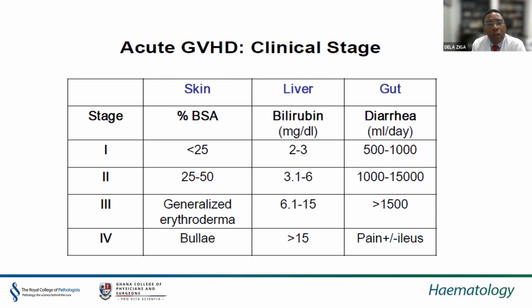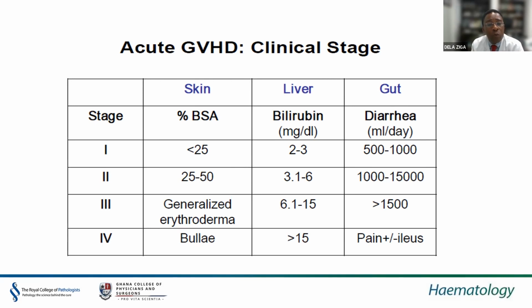So this is a table showing the way to evaluate clinical staging of GVHD. On the left, on the first row, you see the staging. Across, you see the tissue involved, and every stage has its corresponding skin, liver, or gut degree of involvement.